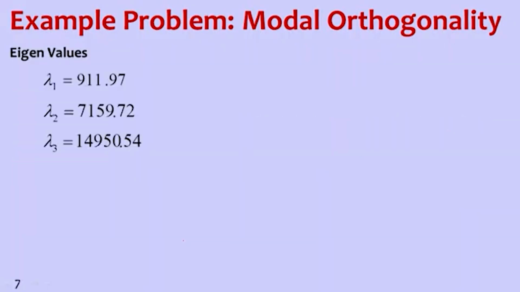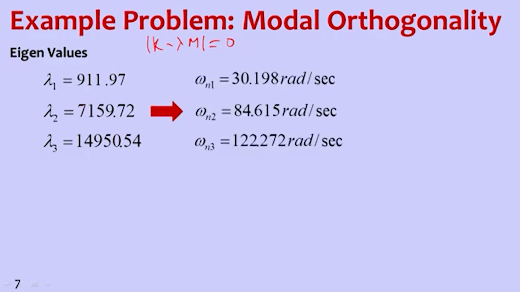So let's go further. These are the eigenvalues. If we solve the determinant of k minus lambda m equal to 0, we get lambda 1, lambda 2, lambda 3. Lambda 1 means the corresponding natural frequencies, so lambda 1, lambda 2, lambda 3 and omega 1, omega 2, omega 3 values are there.